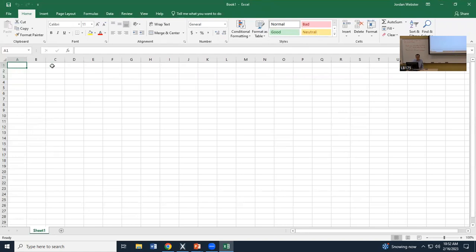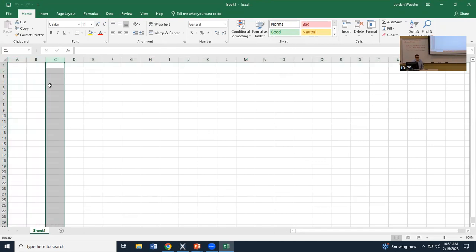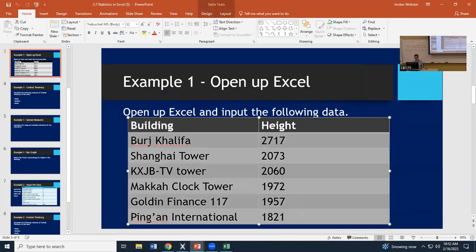Excel has all these rows and columns. Rows are numbered, columns have letters. Okay. What I'm going to do is I'm just going to copy and paste those data.